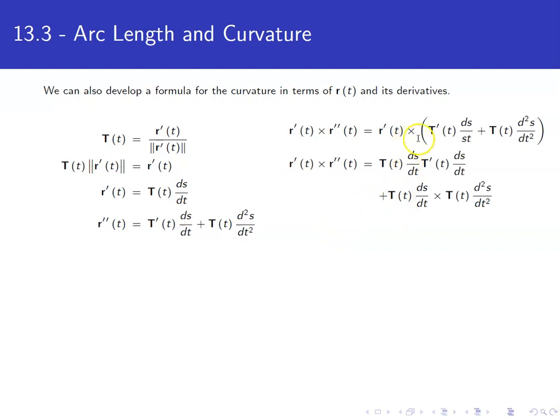We can distribute the r prime of t to each term in the sum, and then rewrite what r prime of t is equal to. We have that over here. Oh, there's a missing cross product. There should be a cross right in here. This should be T of t ds/dt cross T prime of t ds/dt.